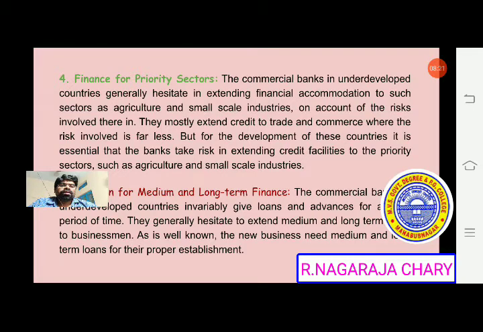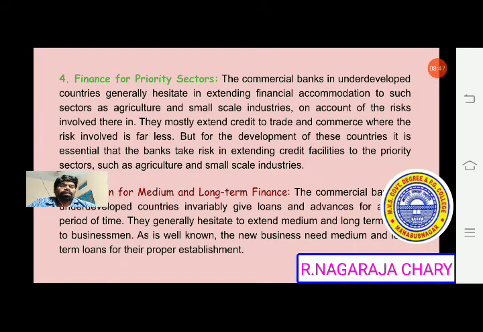They mostly extend credit to trade and commerce, where the risk involved is far less. But for the development of these countries, it is essential that the banks take risk in extending credit facilities to priority sectors such as agriculture and small scale industries.